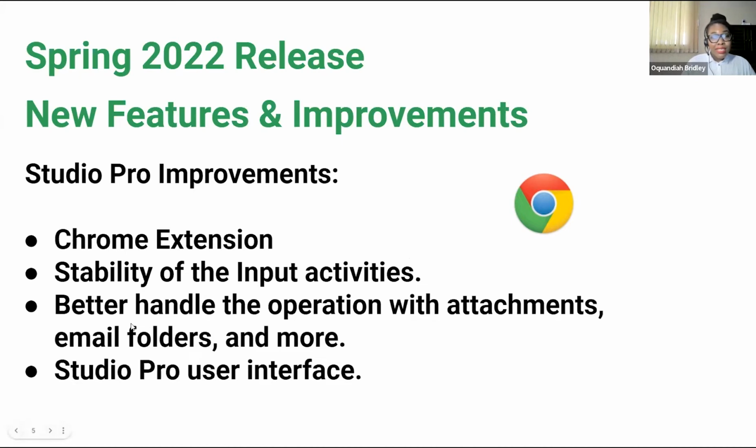We've also incorporated some better handling when it comes to the attachments and email folders. Also your for each email activities, we've added some stability when it comes to those and also picking those attachments and being able to open into new folders and move into new folders.